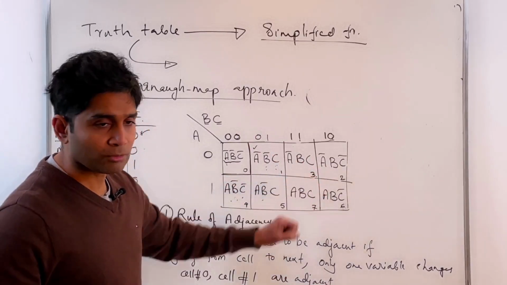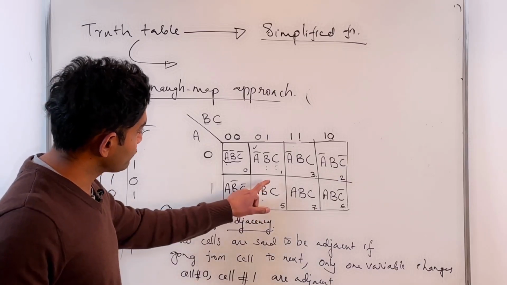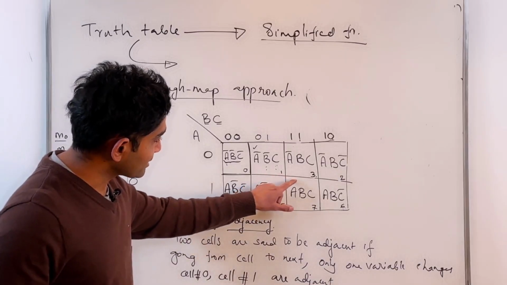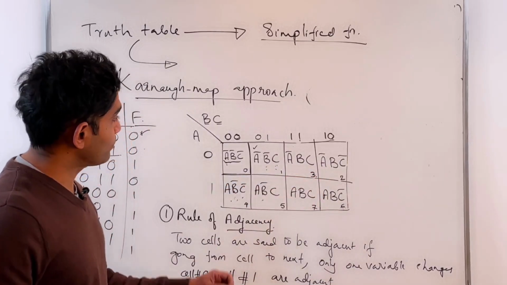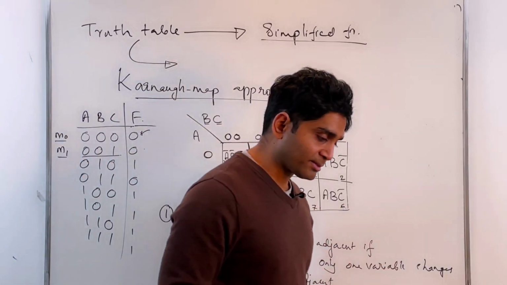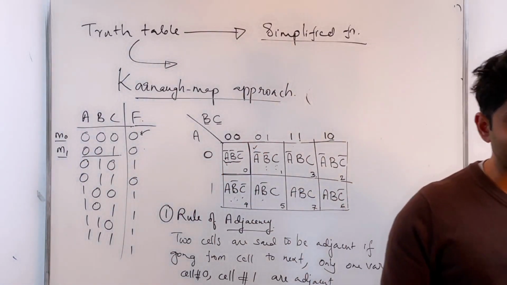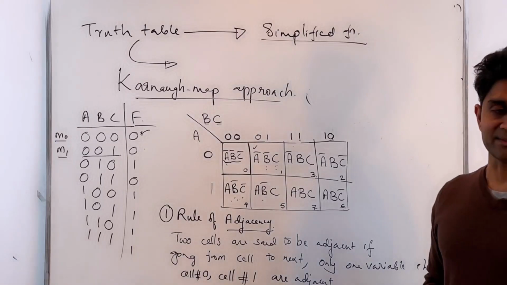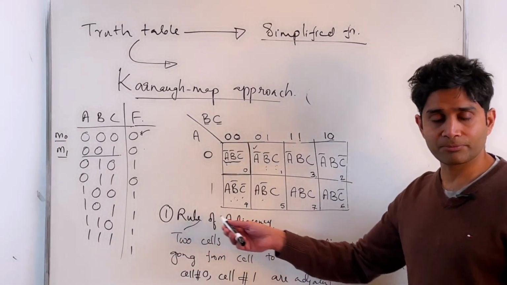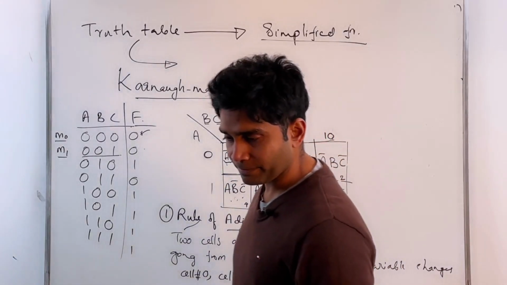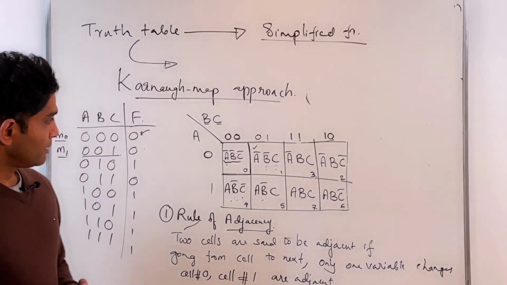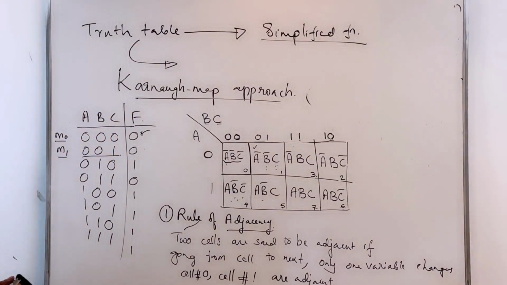So these two cells are also adjacent. And likewise, you will see that these two cells are adjacent, these two cells are adjacent, these two cells are adjacent. So the physically adjacent cells that share a common side now become adjacent according to this rule of adjacency by making that flip. Okay. All right. So that's good.